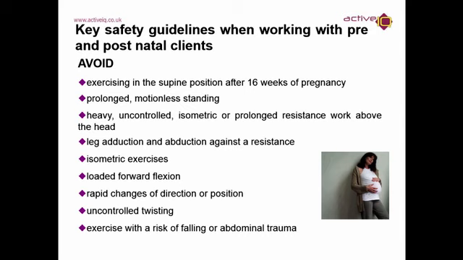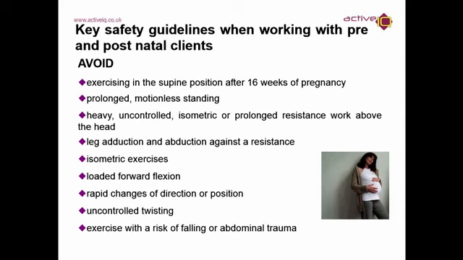Heavy, uncontrolled, isometric or prolonged resistance work above the head. All of these things are going to increase blood pressure, and that's what we don't want to do. So we do not want to increase blood pressure through really heavy lifting, through isometric contractions or long resistance type workouts.